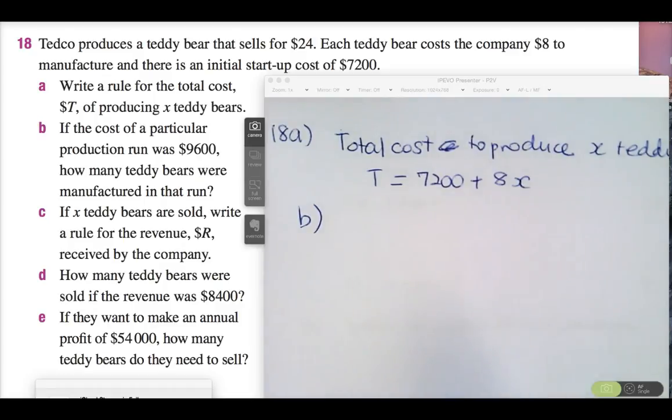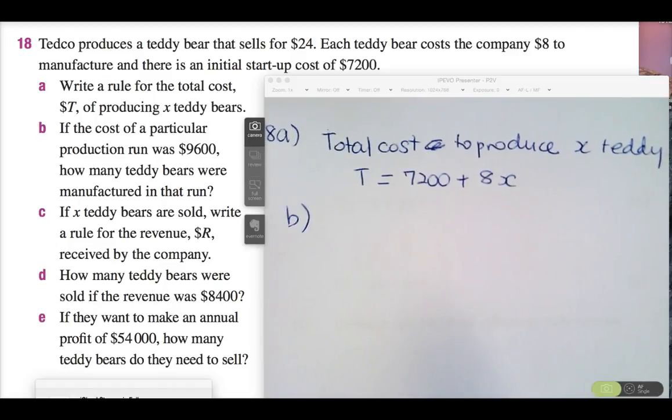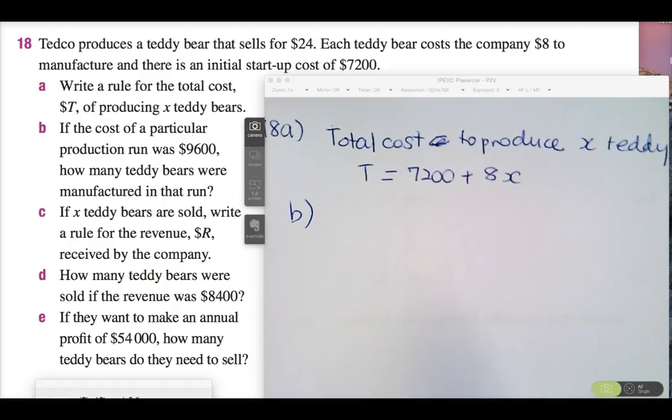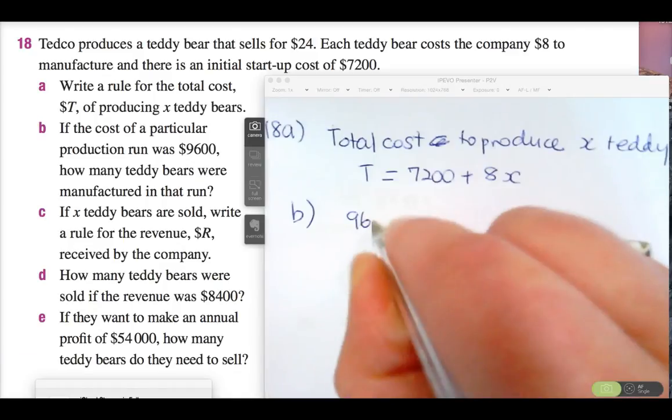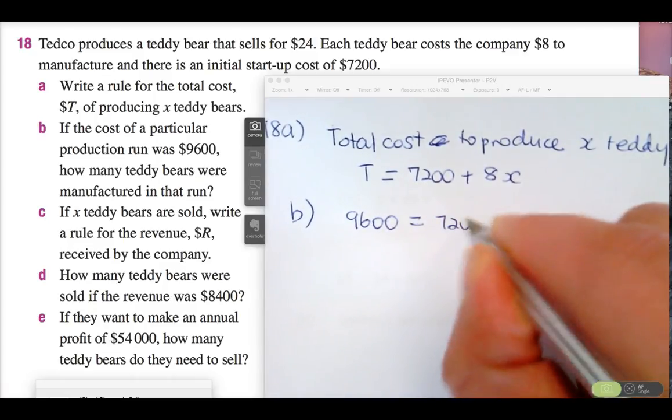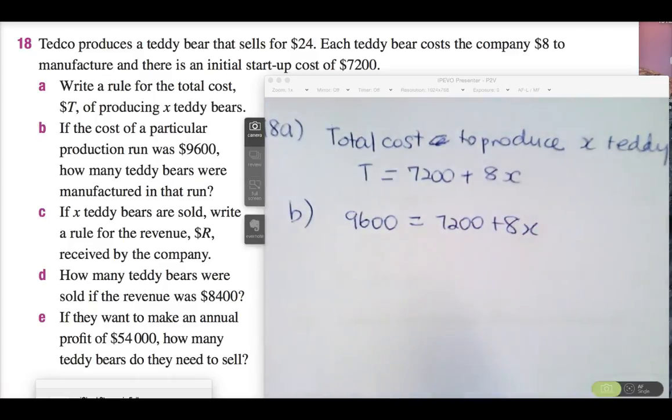If the cost of a particular production run was $9,600, how many teddy bears were manufactured in that run?